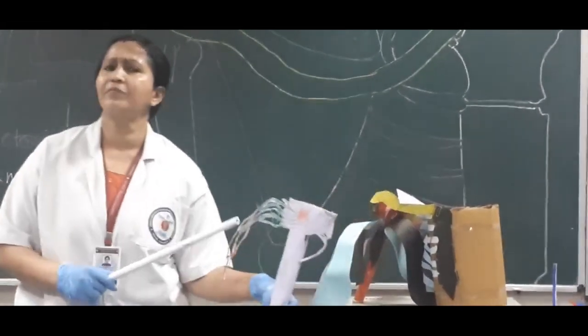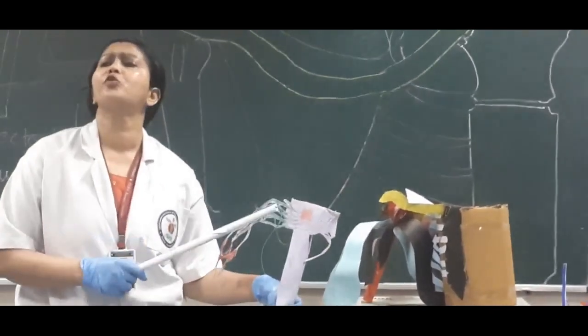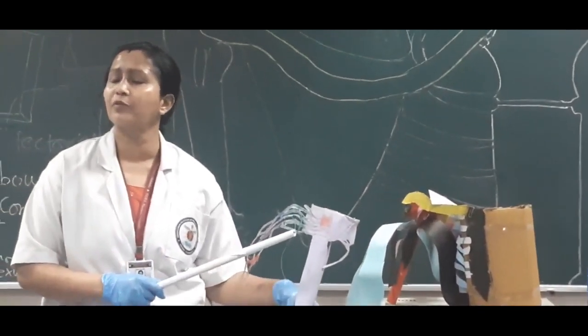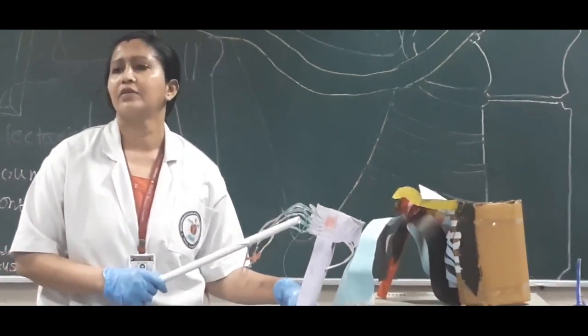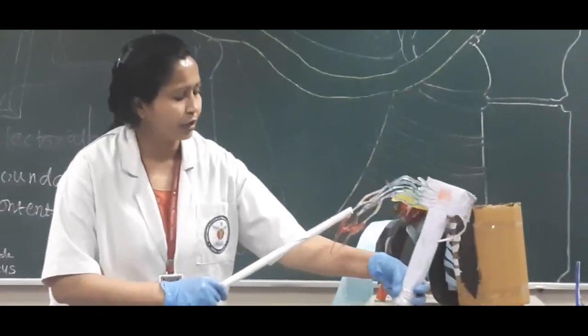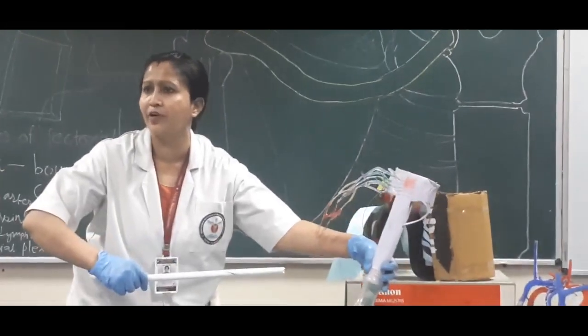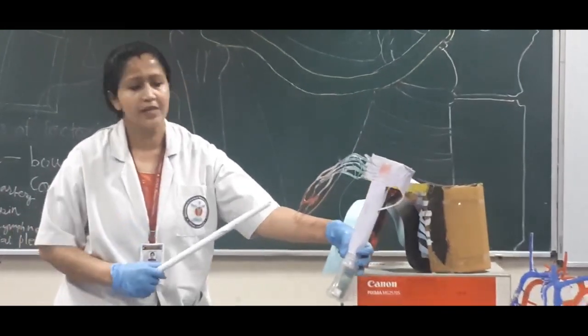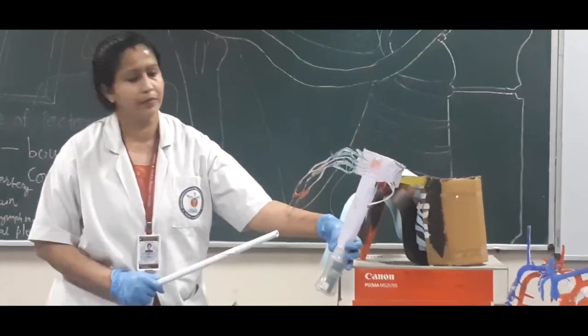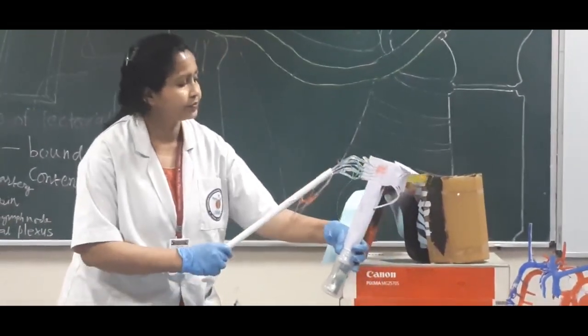Always asked in the exam, the continuation of posterior cord is what? You have to say it is the radial nerve. क्योंकि उसी में सारा ही चला जाता है, सारा रूट वैल्यू चला जाता है. So that is supposed to be the continuation of posterior cord.